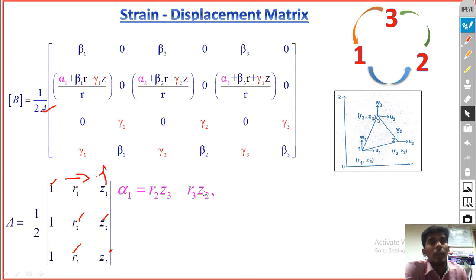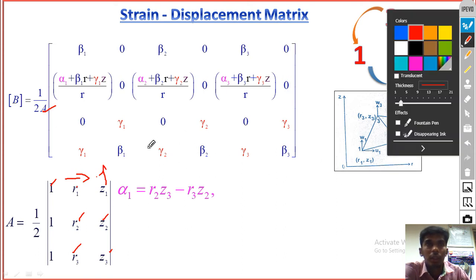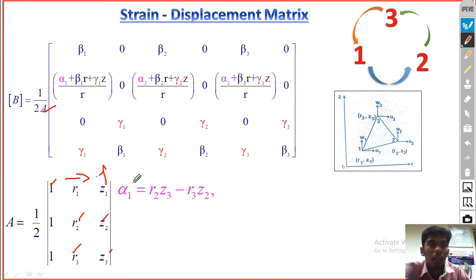Here I am giving a simple representation and how to remember the values of alpha 1, beta 1 and gamma 1. Listen carefully. To remember alpha 1, you first write r2 z3 minus r3 z2. If you remember these two terms, then you can write all the remaining values.